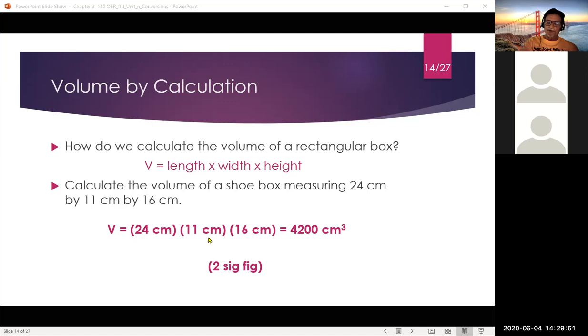Centimeters times centimeters is centimeter square, times centimeters is centimeter cube. And if we had another centimeter, it would be centimeters to the 4th power. And if we have another one after that, centimeters to the 5th power, etc. Okay. Our numbers given are 24, 11, and 16. I should say the numbers given have 2 sig figs, so our answer should only have 2 sig figs.